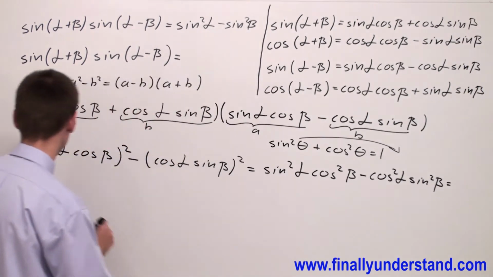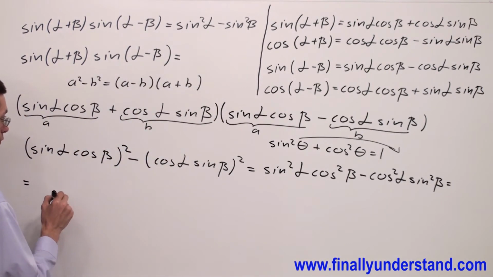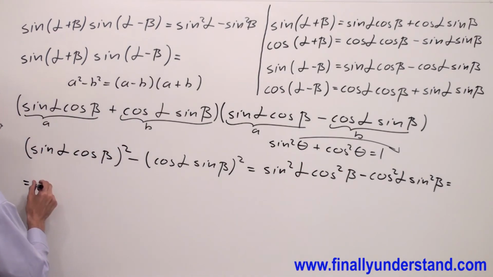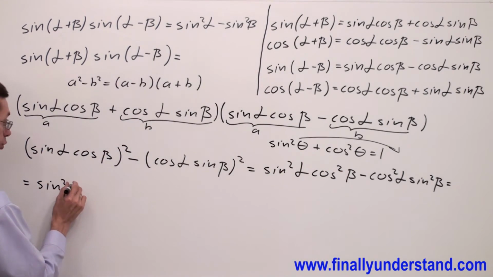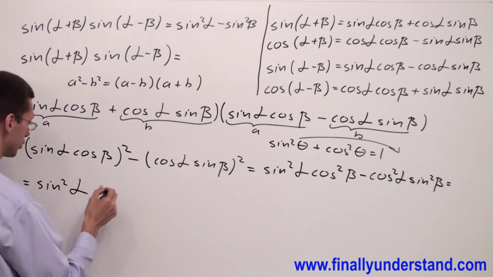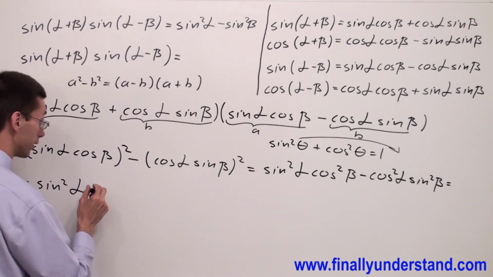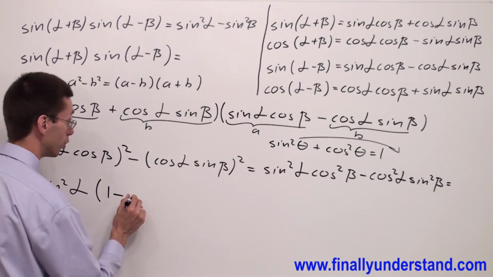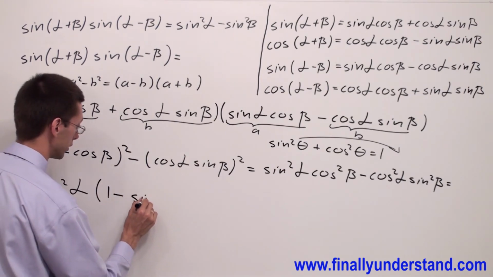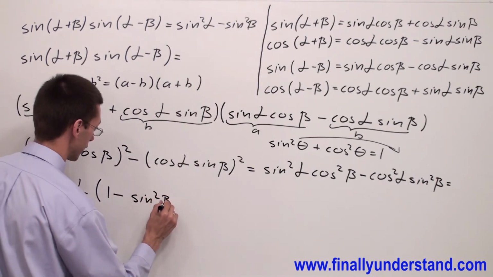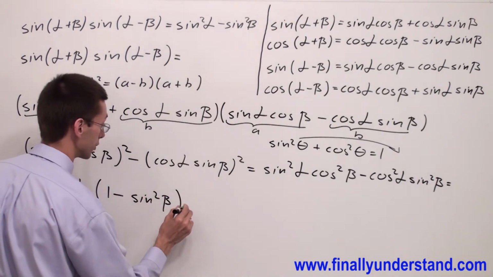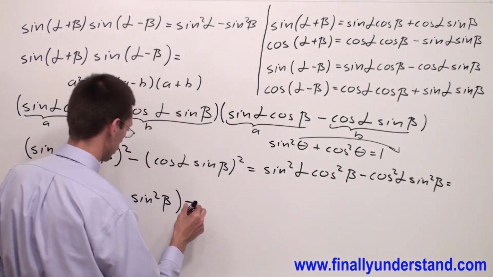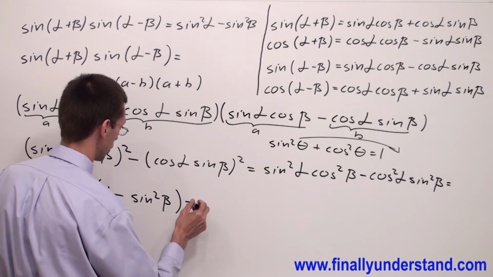Okay, so what I'm going to do right now, I'm going to rewrite this part as sine square alpha, and instead of cosine square beta, I'm going to write 1 minus sine square beta, close parenthesis, minus, again I have cosine, that's why I'm going to use again the same relation.